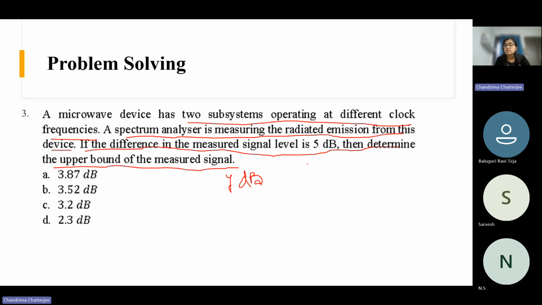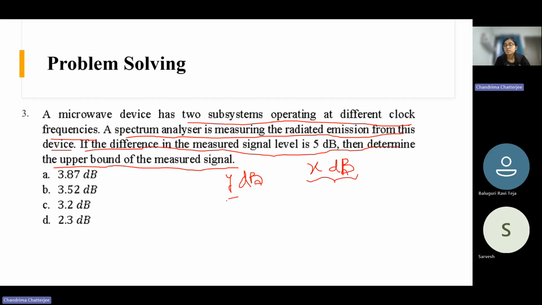Suppose there is a signal whose magnitude is x dB, and there is another signal with some amplitude, and the difference between the two signals is y dB. How can we normalize it? Everything is in logarithmic scale here. You understand that whatever we represent, we represent in log scale.